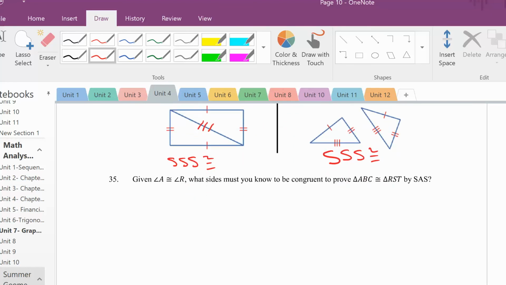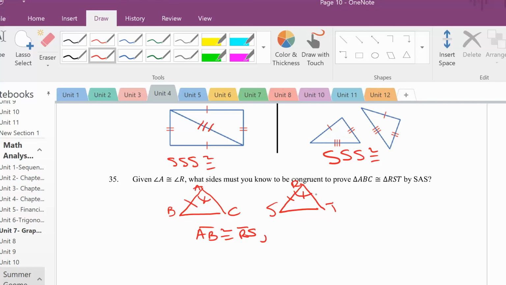Given angle A is congruent to angle R, what sides must you know to be congruent to prove it by side, angle, side? So basically, if angle A is congruent to angle R, then it has to go A, B, C. Here's A, and R, S, T. So then you would need to know that AB is congruent to RS right here.